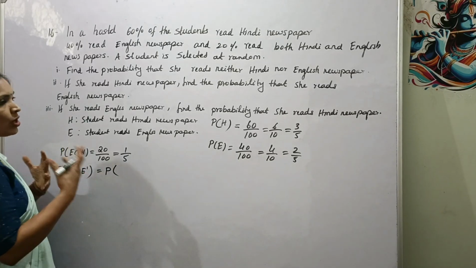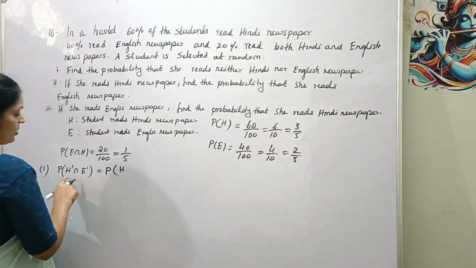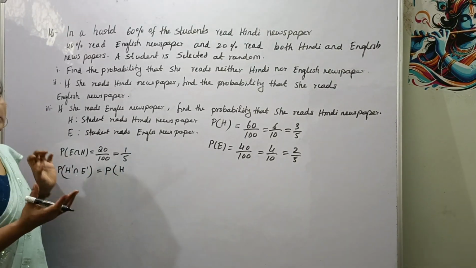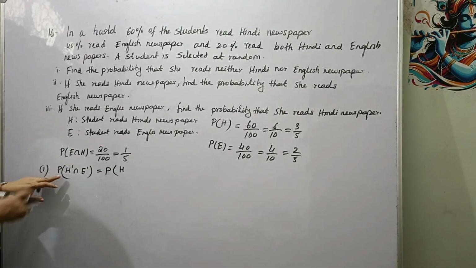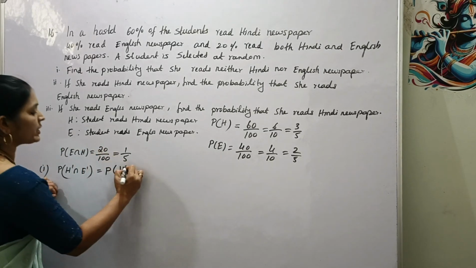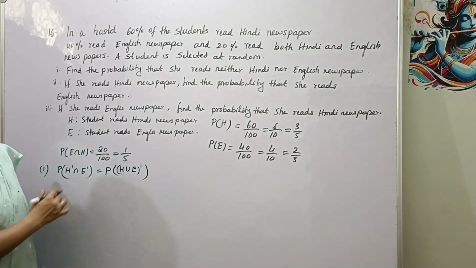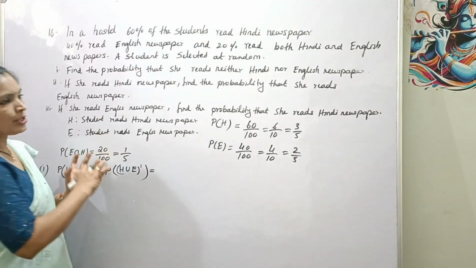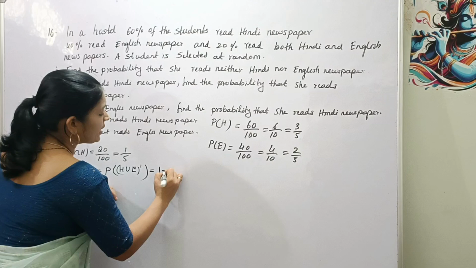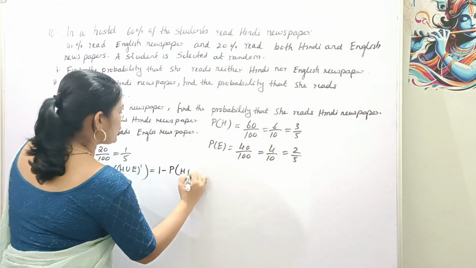Therefore here we have to apply another method, apply the properties of complement of the sets. So H complement intersection E complement can be written as H union E whole complement, right. That is equal to probability of A complement is 1 minus probability of A, right. That is 1 minus probability of H union E.